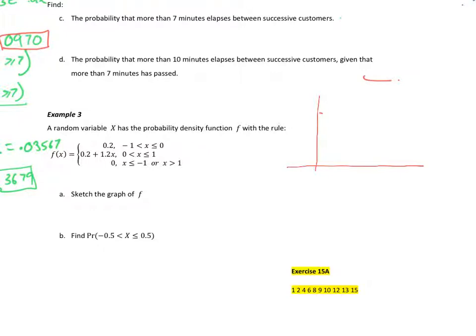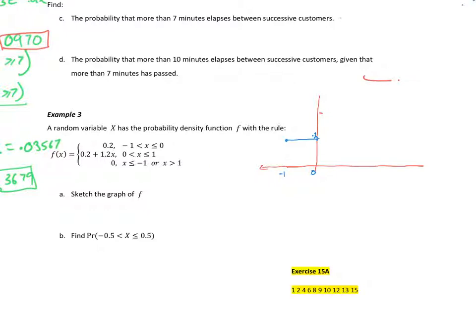Notice we really only focus on the top right side, but having said that, we've got a little bit to the left. So the graph is equal to 0.2 between -1 and 0. So that's -1, that's 0, that's 0.2.